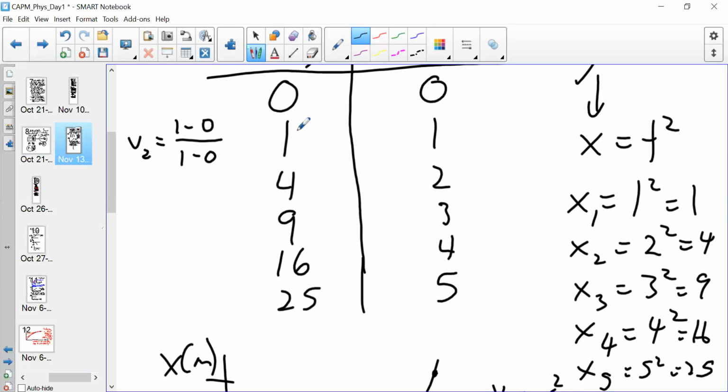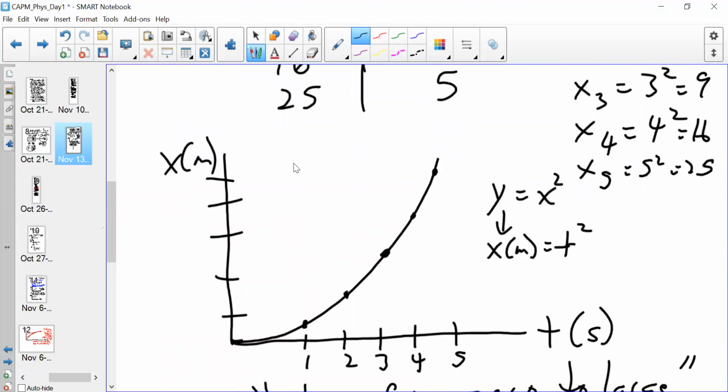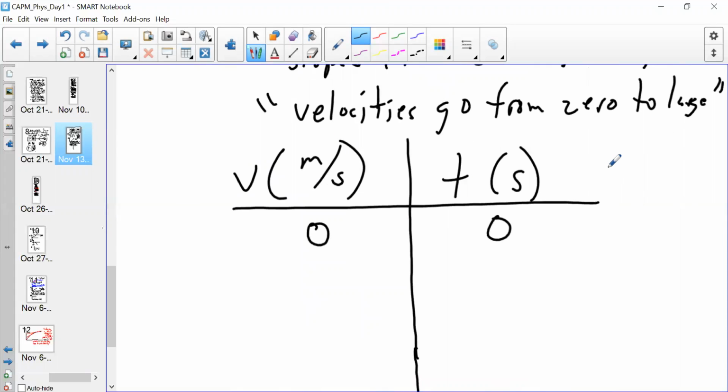I'm just taking these two values in position, 1 minus 0, divided by 1 minus 0 in time, because we know already that velocity is position over time. That's going to give me a value of 1 meter per second. And of course, it's positive. It's in the east domain. And that's going to be our first value here for the first second.